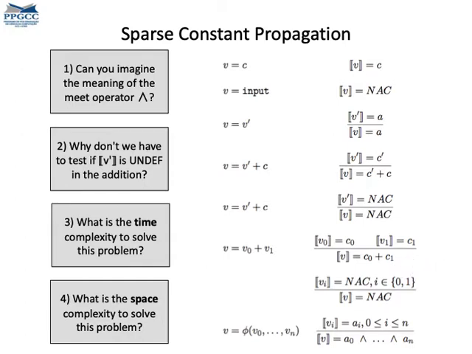For instance, if we have an assignment like v equals v prime, then if the abstract state of v prime is, say, a, which can be a constant or NAC or undef, regardless of this abstract state, we will be copying it to the abstract state of v.